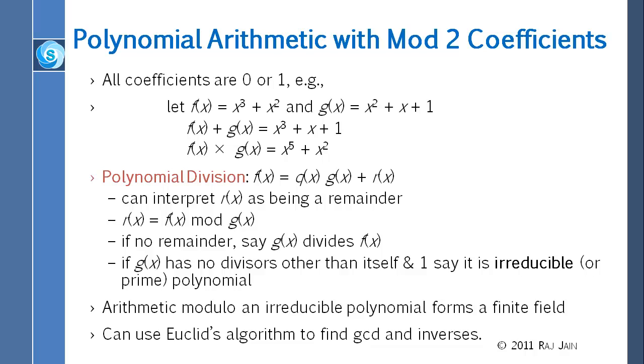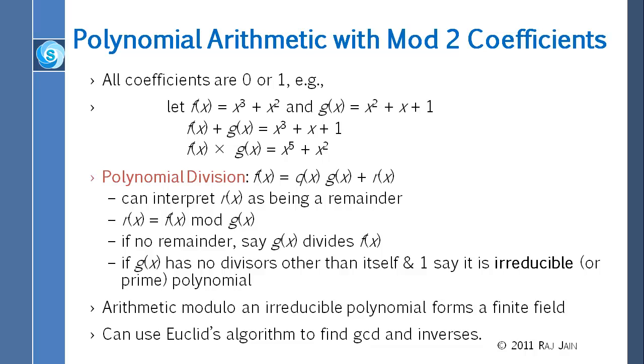Multiplication. Now to do this, you really have to do long multiplication. So we want to multiply f(x) by g(x). So x cubed plus x squared, we want to multiply by x squared plus x plus 1. First we multiply by x squared, we get x^5 plus x^4.